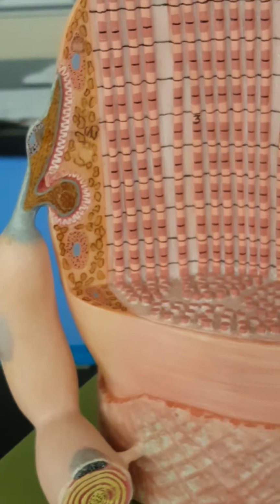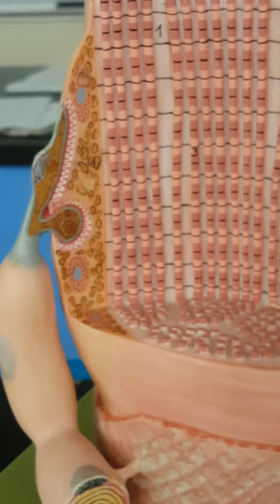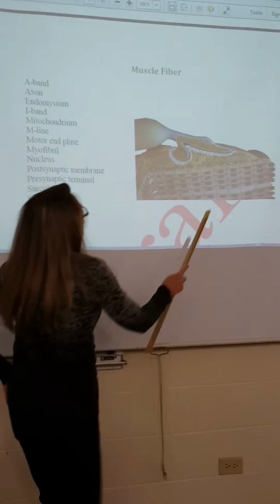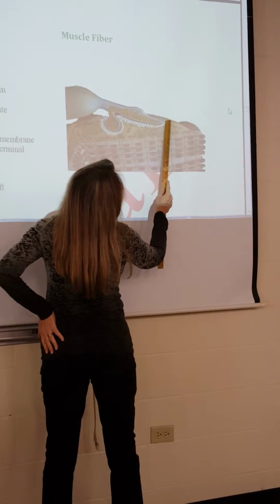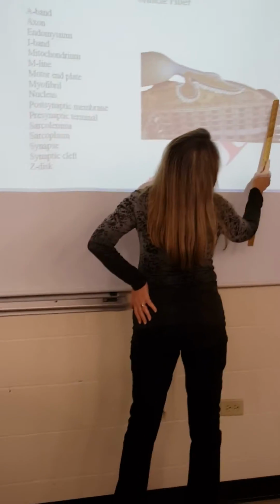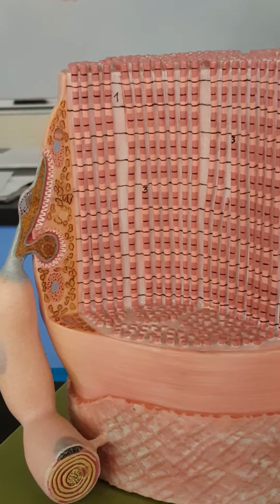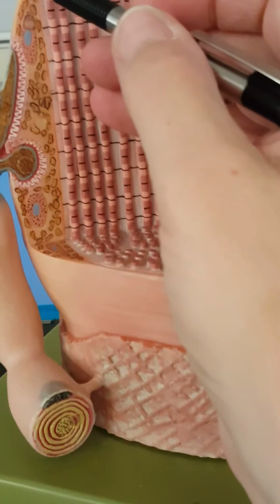We're able to see more details about the neuromuscular junction. Now, this membrane on the outside of the muscle fiber, what is that called? What is the membrane on the outside of the muscle fiber?